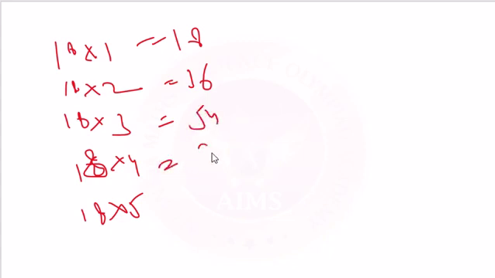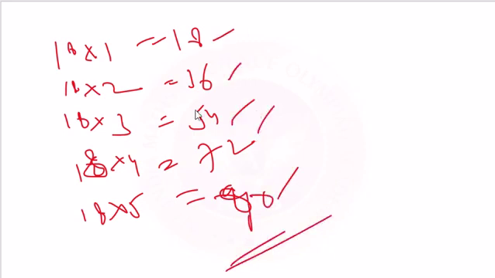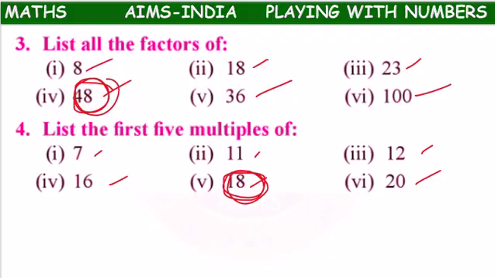So 18 times 1 is 18, 18 times 2 is 36, 18 times 3 is 54, 18 times 4 is 72, 18 times 5 is 90. These are the first 5 multiples of 18. Like that, for the remaining numbers also you can write the multiples. Do it as homework, children.